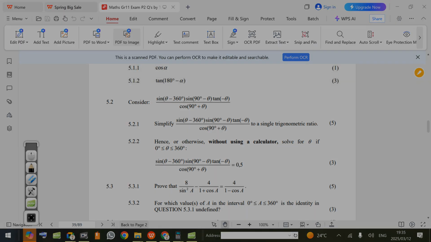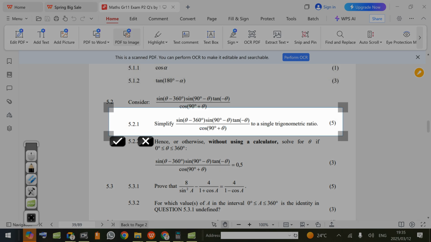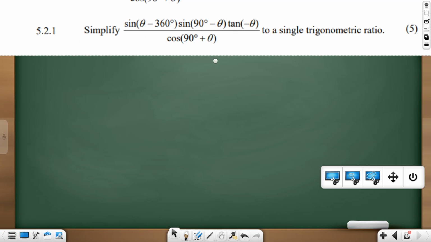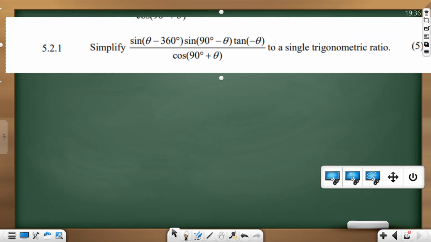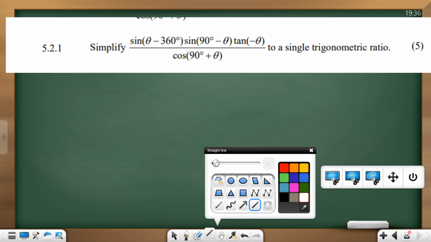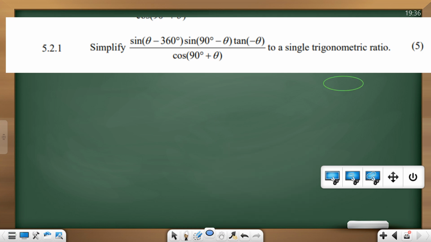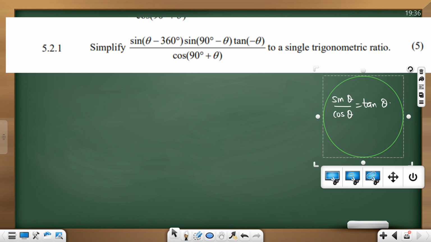Look at this beauty. 5 marks. And by the way, I hope you remember, let me just put a block here for you. I hope you know that sine theta over cos theta is equal to tan theta. Please write that down, that's important.